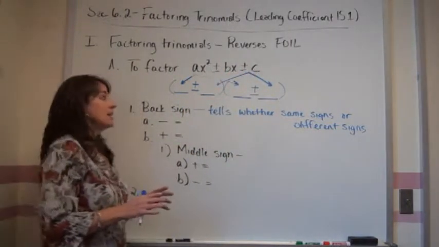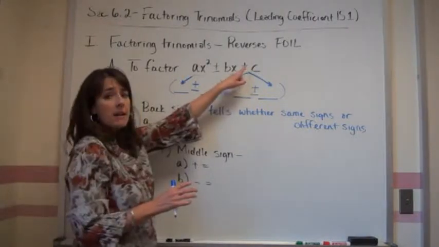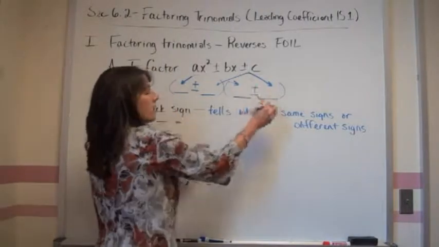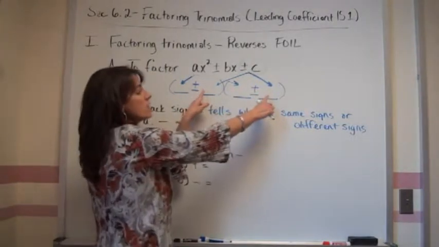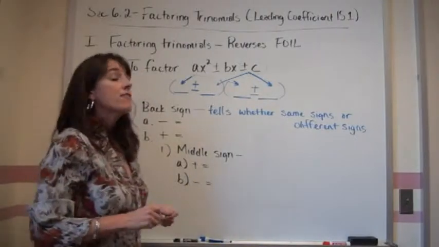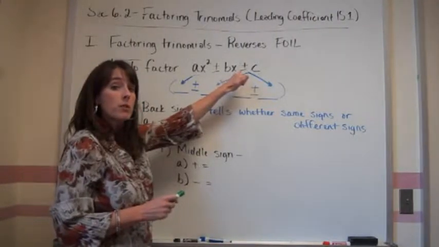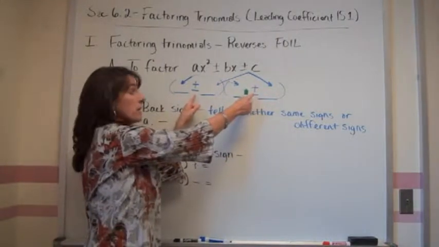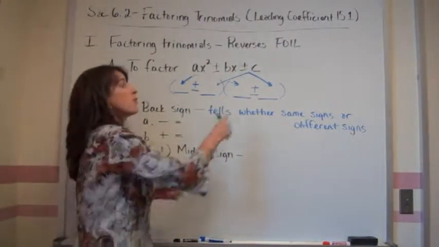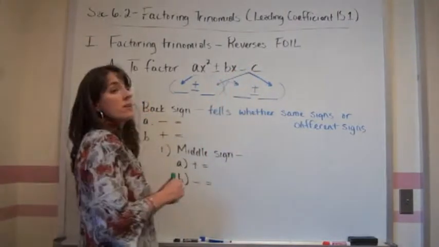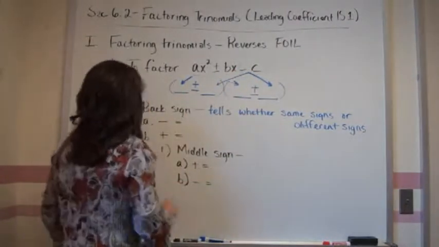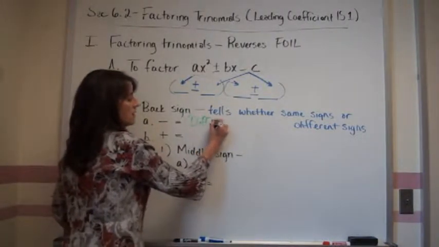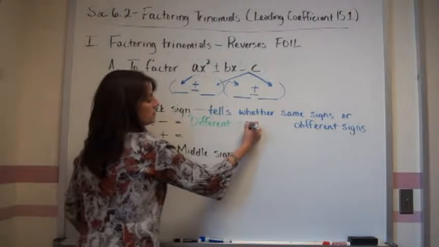So what I'm getting at is, if this is a minus, and this back term right here comes from these 2 back terms, then these 2 have to multiply to create that. If this is a minus, then the only way for it to be a minus is if these 2 are going to be opposite signs. If they are the same sign, when they multiply together, they become a positive. So for this to be a negative, like you see right here, these have to be opposite signs. So if it's a minus, then the signs are going to be different or opposite.